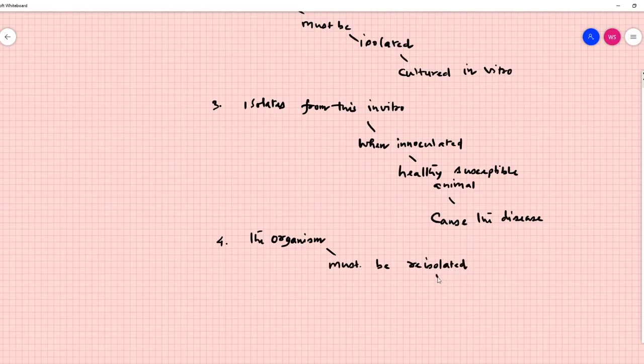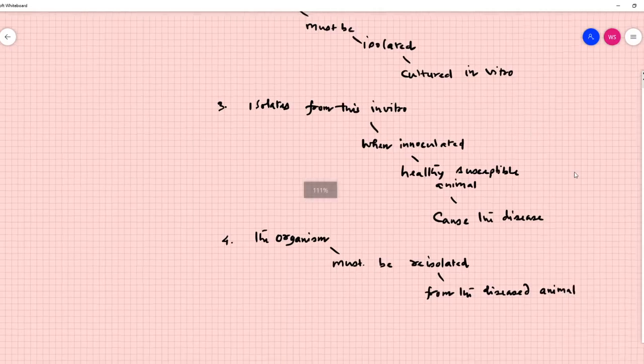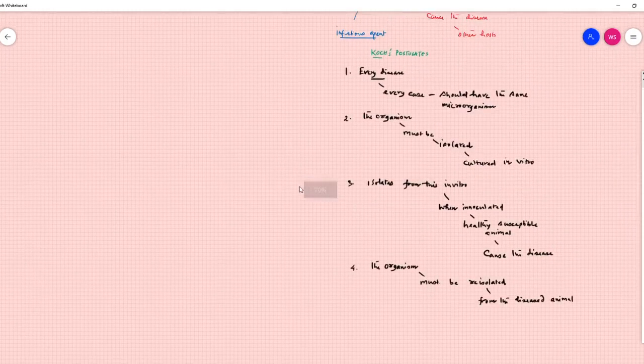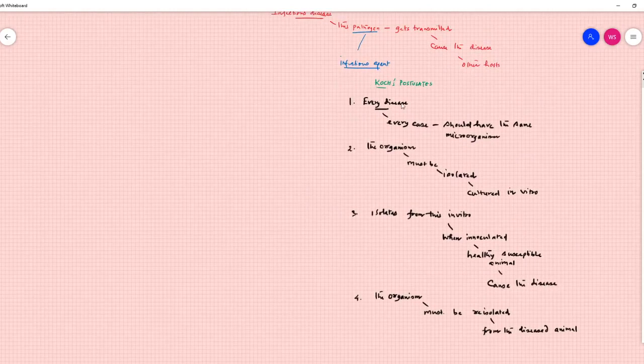So if there is an organism that satisfies these conditions, then that is an infectious agent.